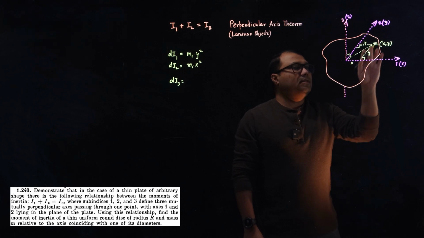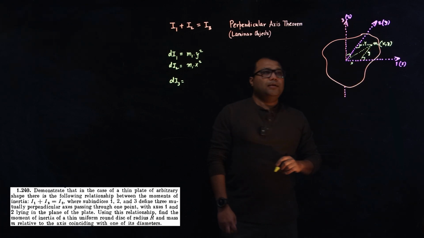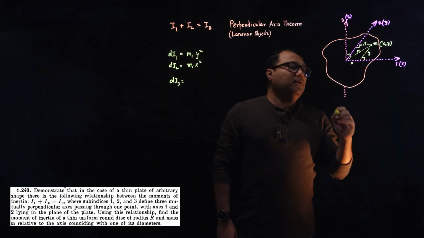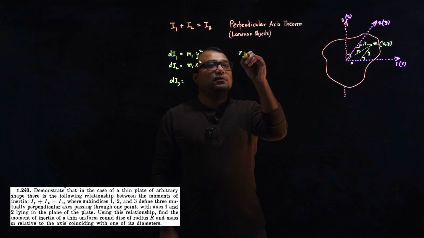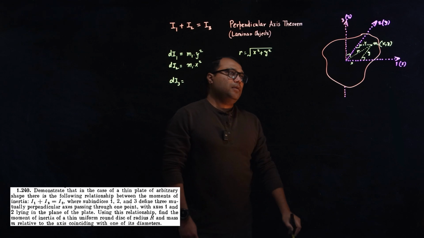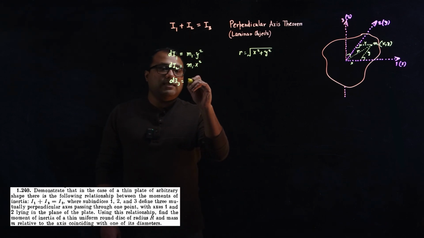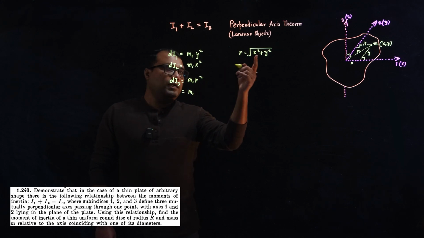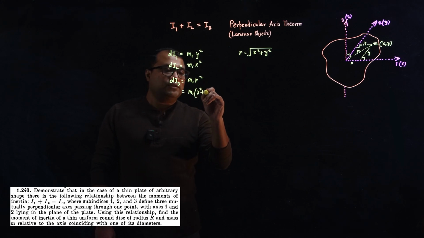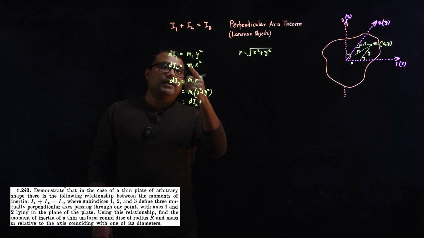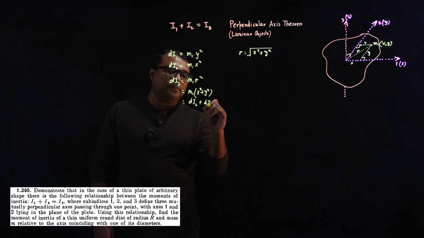If this distance is x and this is y, this is a right angle triangle, so that perpendicular distance, let's suppose this is r, is nothing but root over x square plus y square. So dI3 is m1 r square, which is m1 times x square plus y square, which is nothing but m1 x square, that is dI2, and m1 y square, that is dI1.